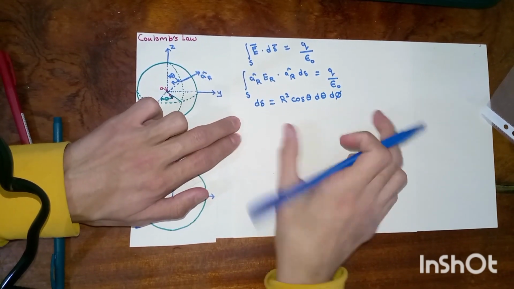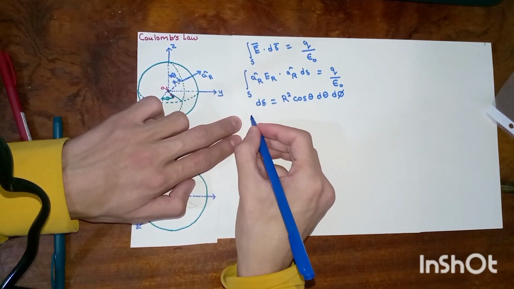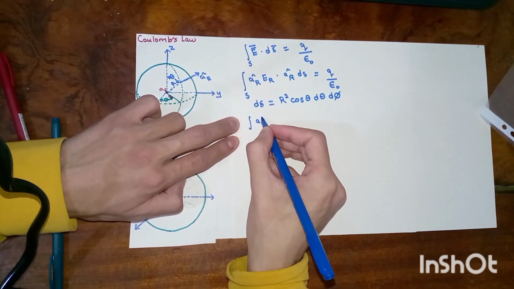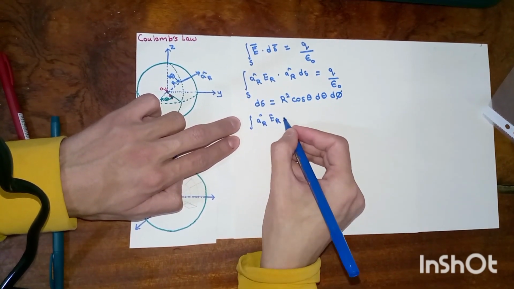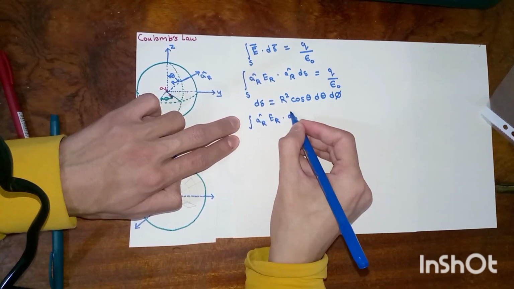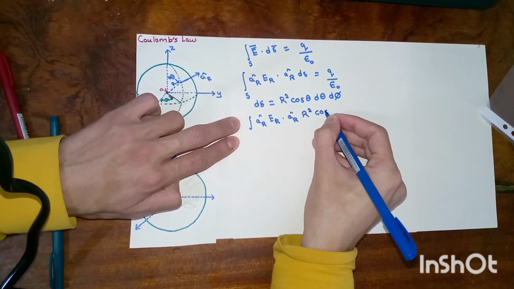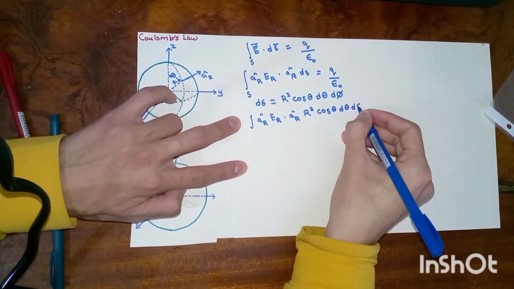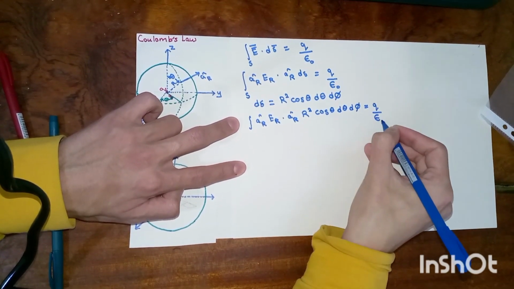Yes, let's substitute this into this equation, and we will have the integration of E sub r a sub r dot a sub r times r squared cosine theta d theta d phi equals Q over epsilon.